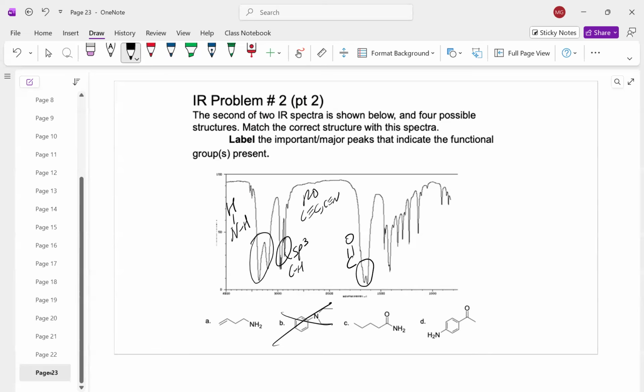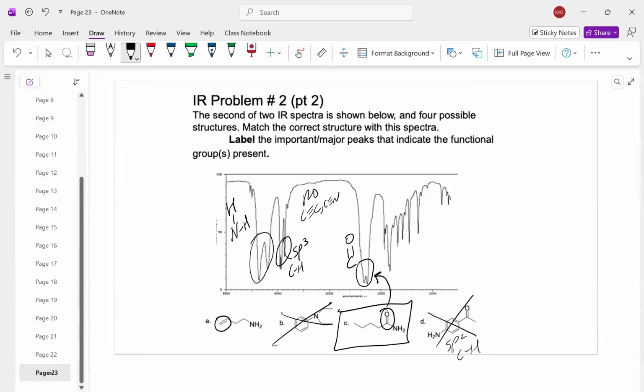I'm going to eliminate D because there are sp2 carbon-hydrogens on D, and I didn't see any in the IR. And now this leads me to A versus C. The big difference between A and C is A has a carbon-carbon double bond. C has a carbon-oxygen double bond. Which one did I say was present? The carbon-oxygen double bond. So my answer for this problem is going to be C.